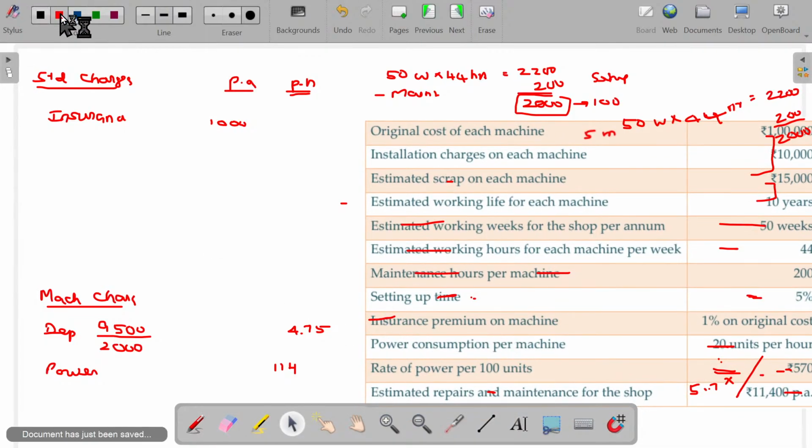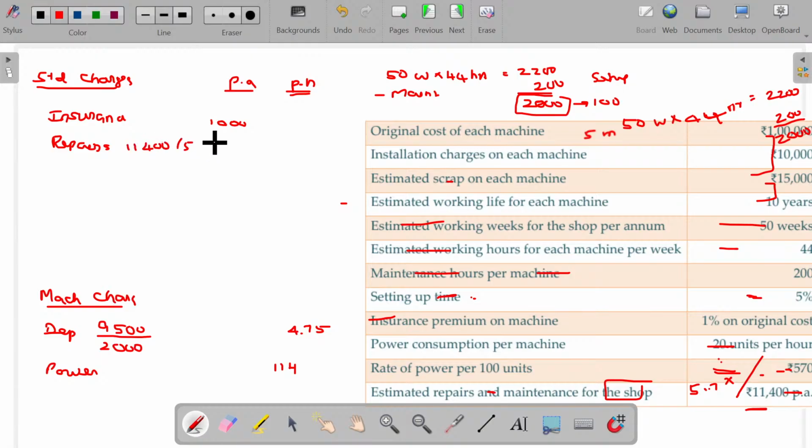Then estimated repairs and maintenance for the shop is 11,400. For the shop means for all the 5 machines put together. So per machine it is 11,400 divided by 5. They have considered this as machine charges.